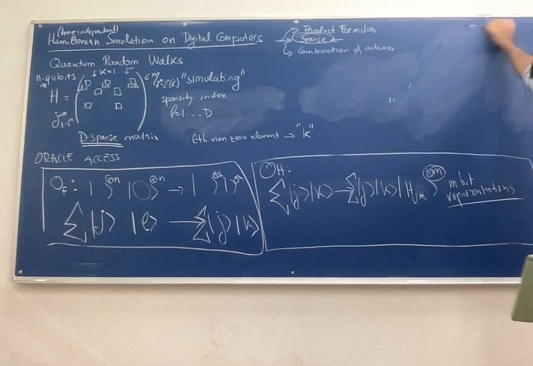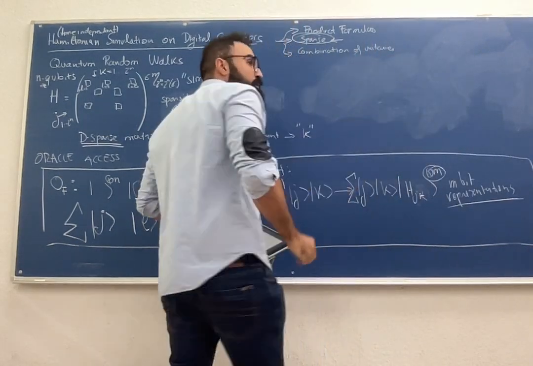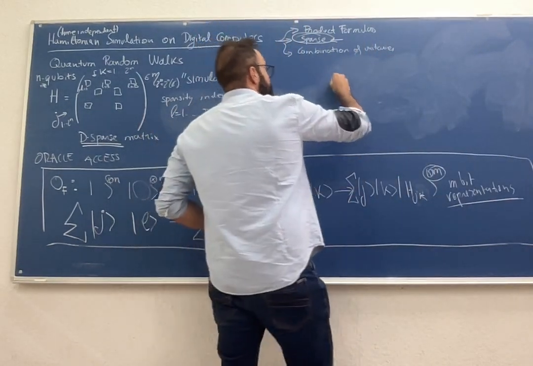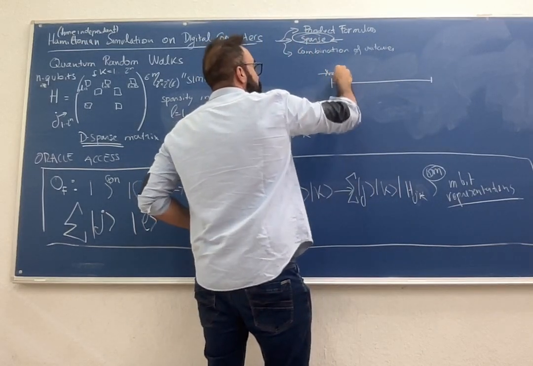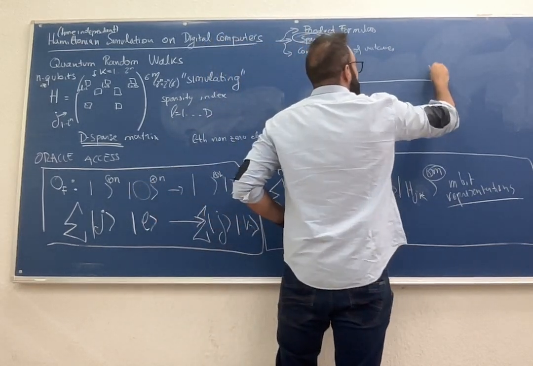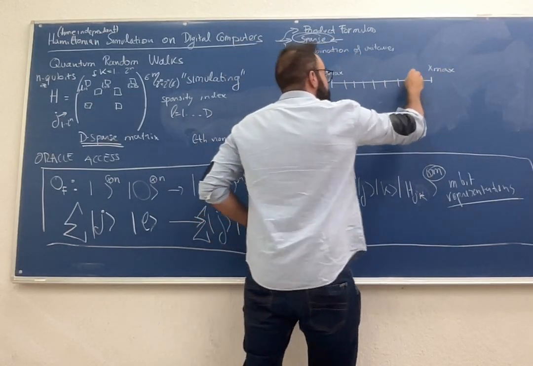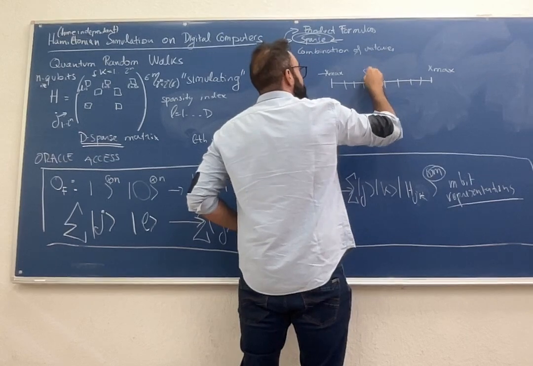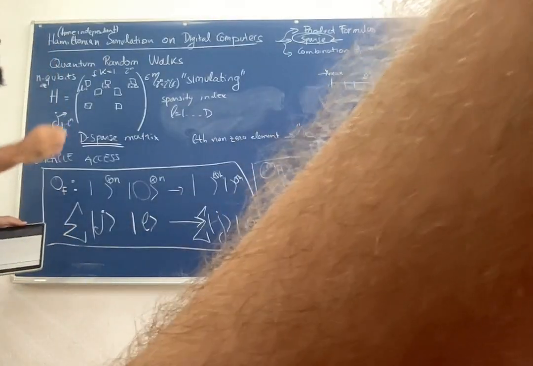So why are we interested in simulating these kinds of matrices? I'm going to give you an example, and I hope that this is convincing. So imagine that we are dealing with continuous variables, and we have a grid of points. So we have an interval, and we have to restrict this interval to a maximum and minimum value, and we are going to discretize this continuous interval, and we are going to have this size of the grid.